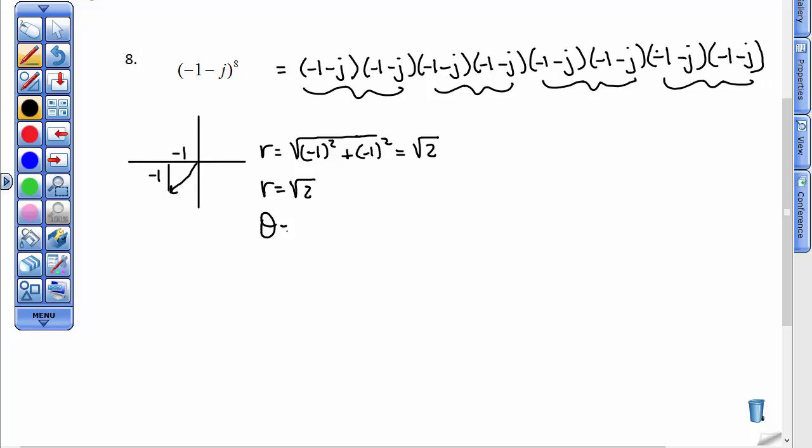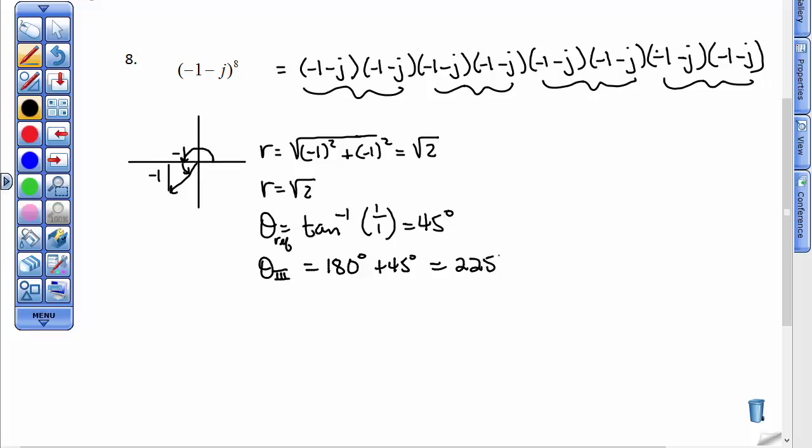The angle theta is found by taking the inverse tangent of 1 divided by 1. I hope you can see that's a 45-degree angle, but remember, that's a reference angle. From the x-axis, it's 180 plus 45 degrees, because I'm in the 3rd quadrant, or 225 degrees.